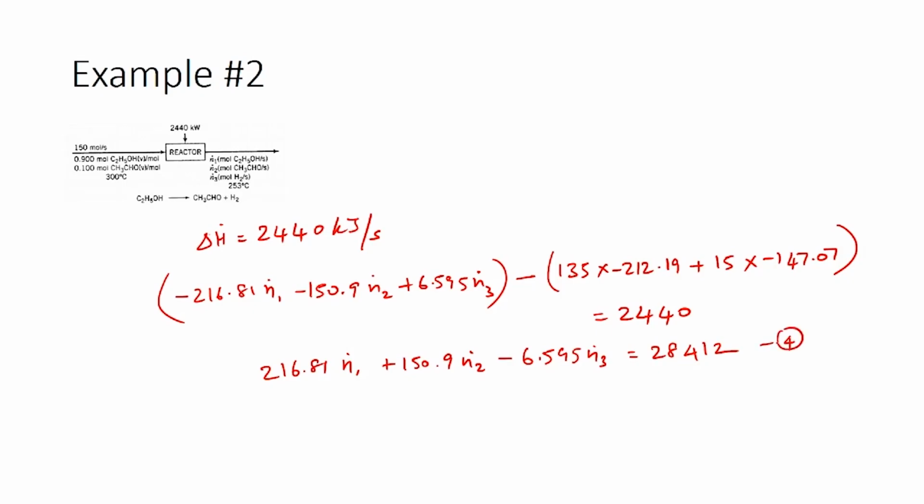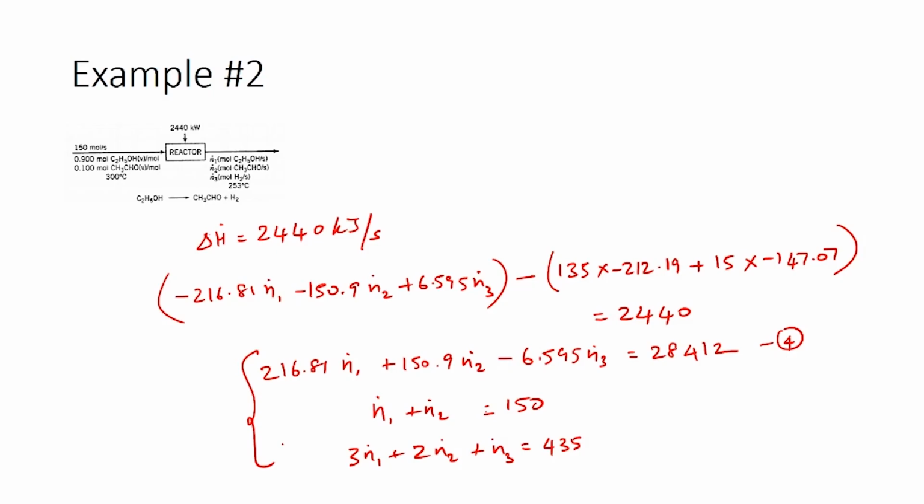So, using equations 2, 3 and 4, we will be able to solve for N1, N2 and N3. The other equations we had were N1 plus N2 equals 150 and 3N1 dot plus 2N2 dot plus N3 dot equals 435. Using these three equations and solving them simultaneously, we can get the values for N1, N2 and N3.